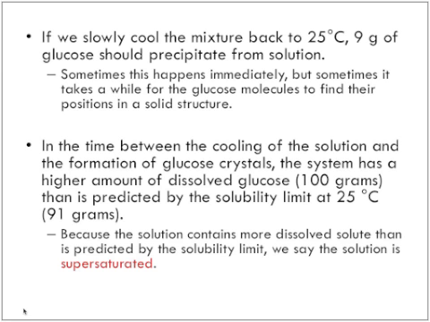Even though we've lowered the temperature, it still has more solute than it can hold. Remember, the solid is not just going to clump together and start to form. So because it hasn't done that, it's considered supersaturated. Saturated means it's got the most it possibly can hold, scientifically. But supersaturated means it holds even more than theoretically it can hold.